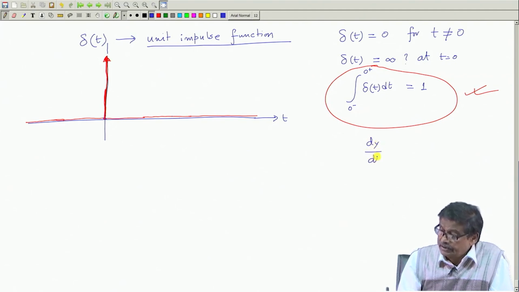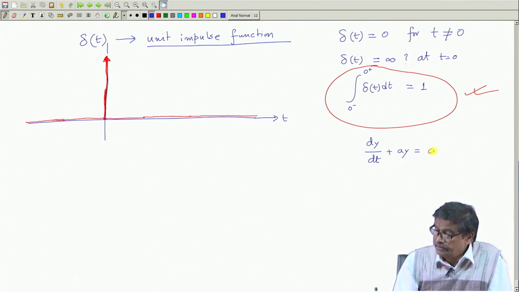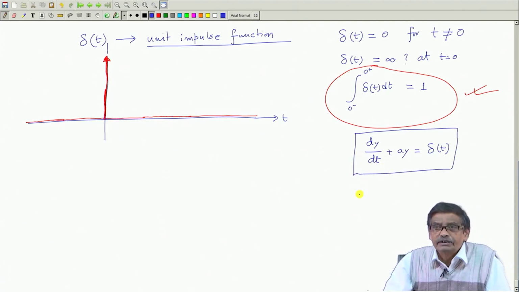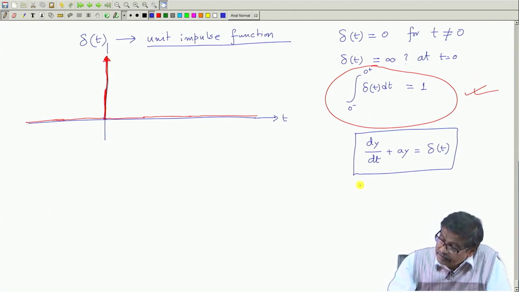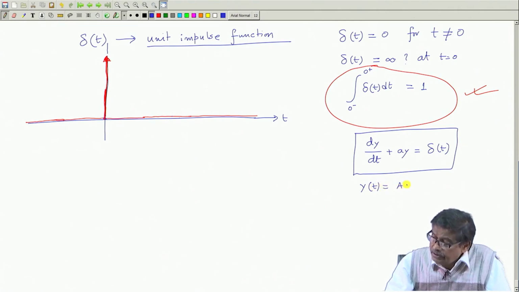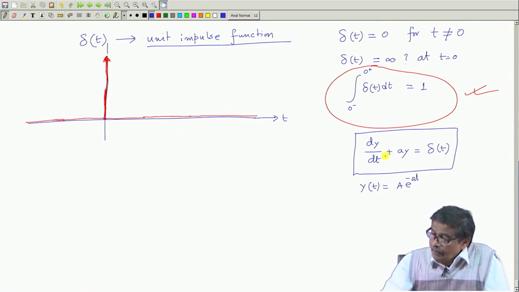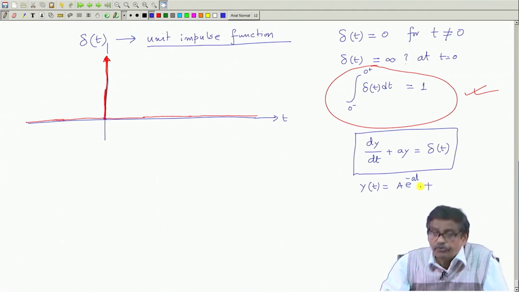Suppose dy dt plus a y is equal to delta t. If such a situation occurs, then the solution due to the natural function will remain the same, that is y t will be A e to the power minus a t, because the characteristic root is minus a. But what about the solution due to the forcing function?